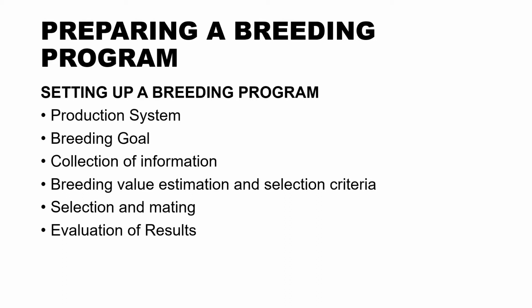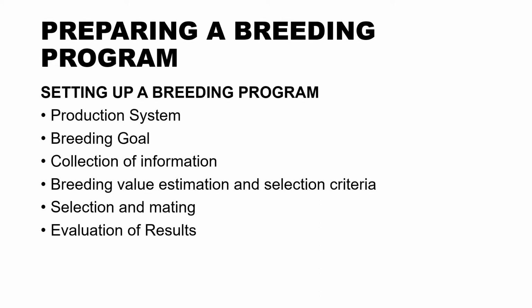If you are in meat production, then dapat maganda yung breeding program mo para makapag-produce ka ng mga baboy na maganda yung growth rate, maganda yung FCE, maganda yung FCR.